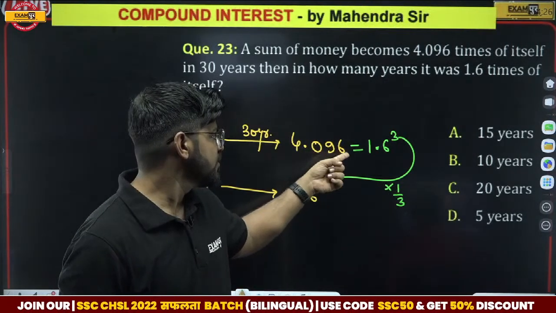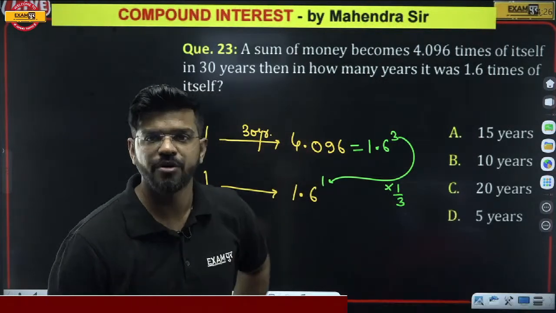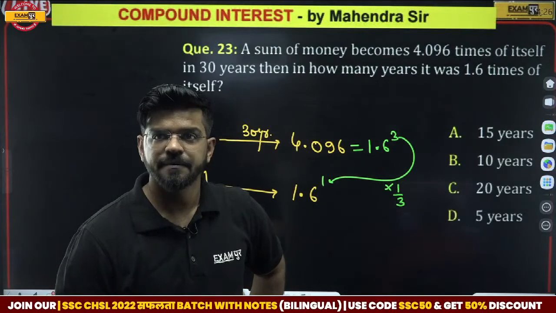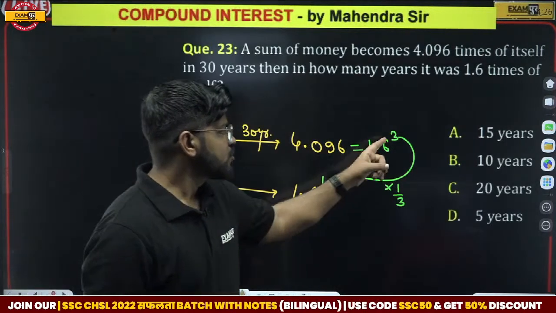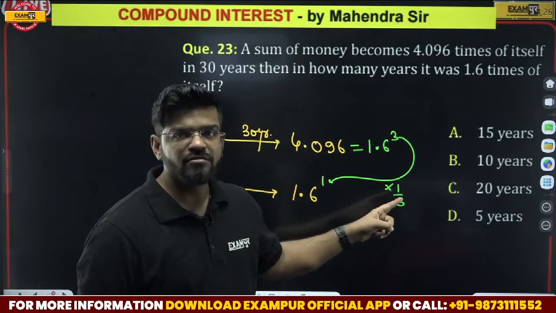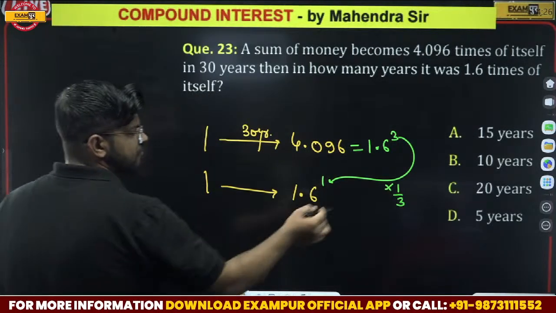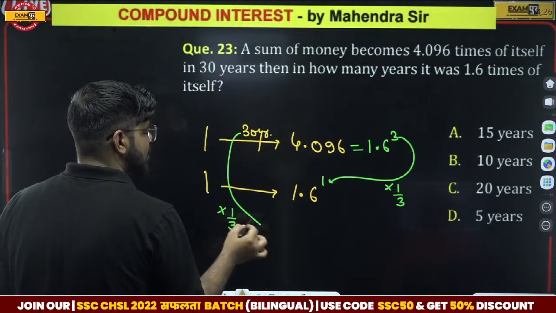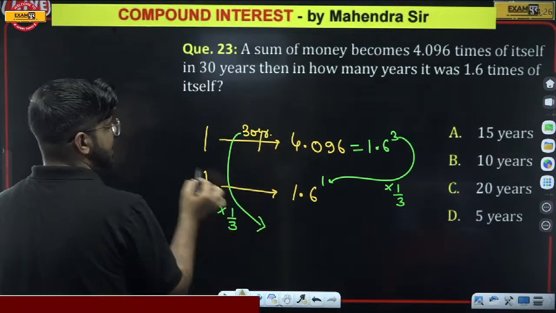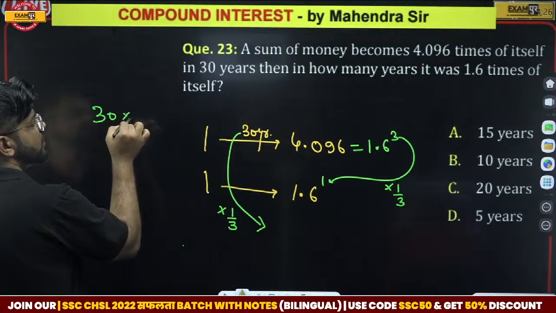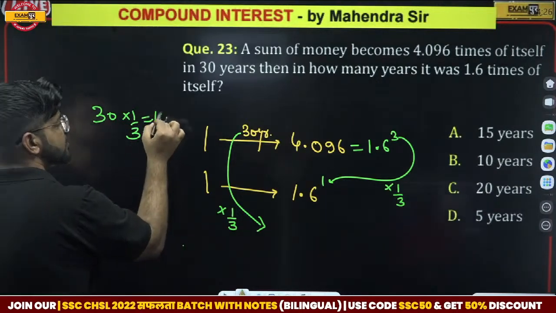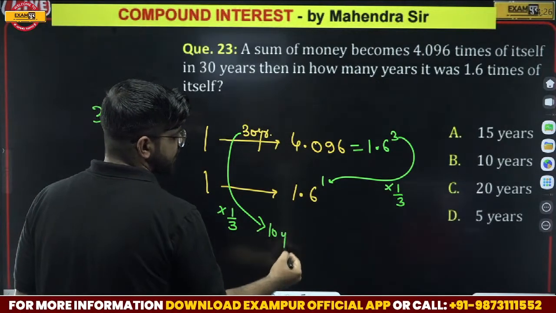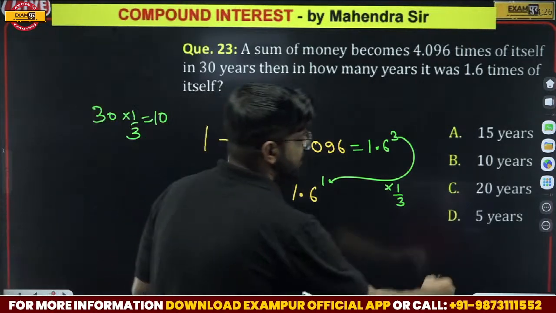And for cube, from last we have put 3 pointers. So to make 3 as 1, we have to multiply 1 by 3. If we have multiplied 1 by 3 here, to get the years we have to multiply by 1 by 3. So 1 by 3 multiplied to 30, 30 into 1 by 3 is 10. So 10 years is my right answer.